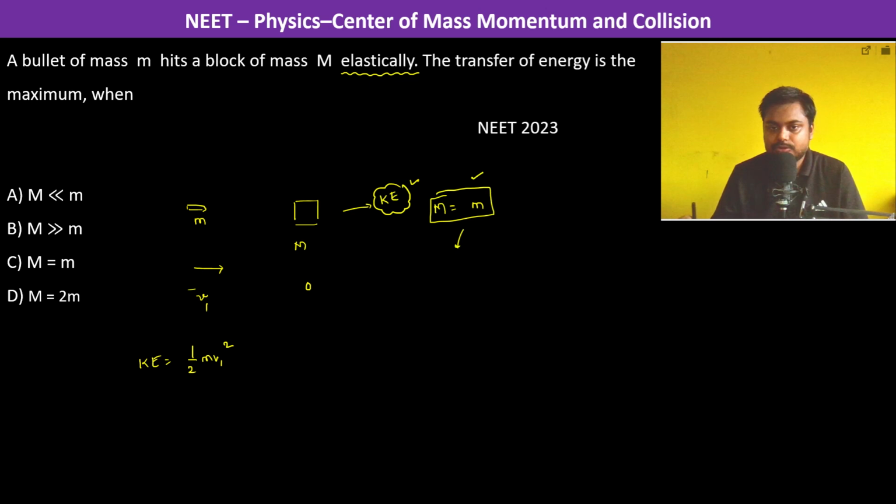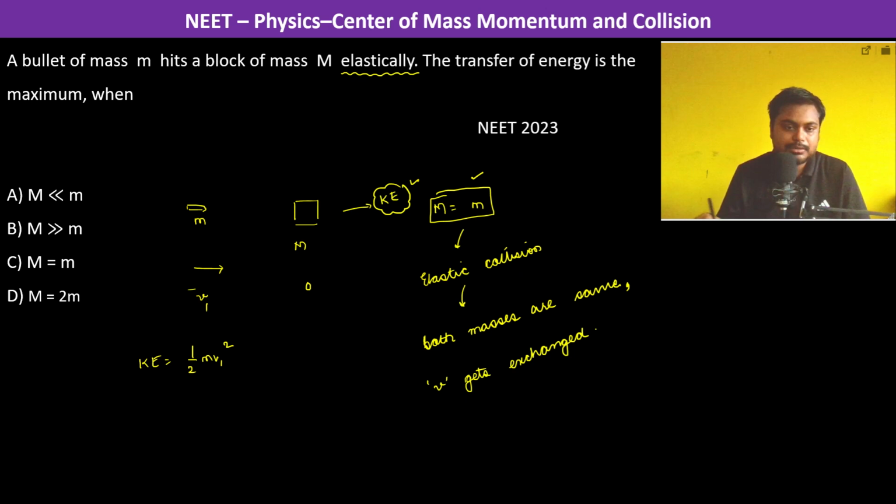Why? So I'm writing here elastic collision. What happens is that when both masses are same, the velocity gets exchanged.